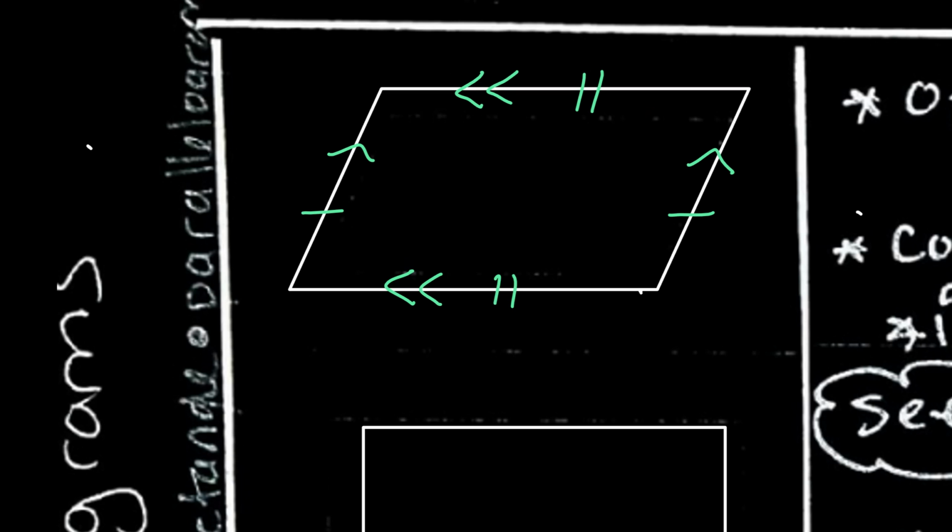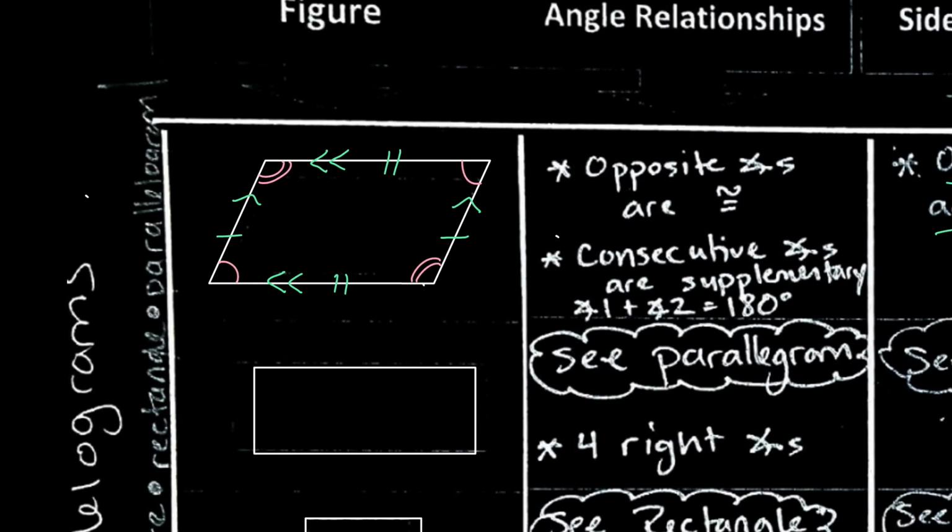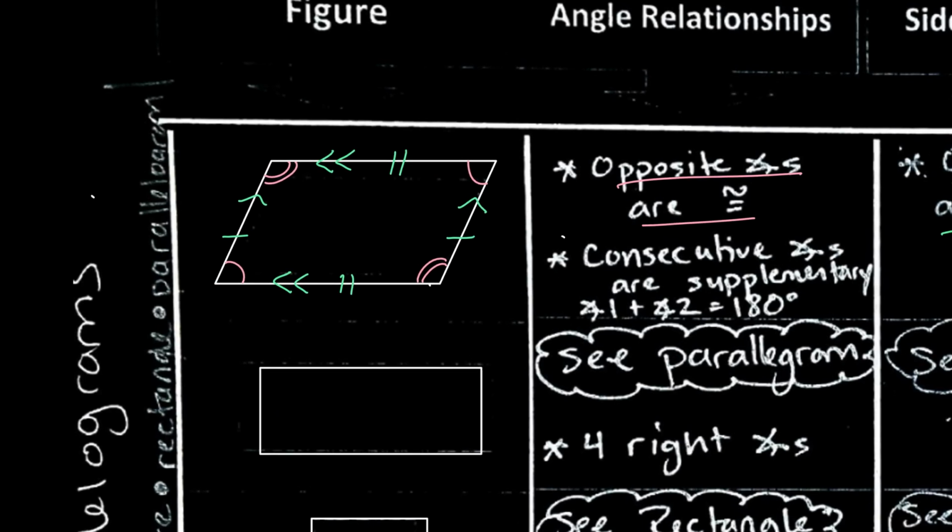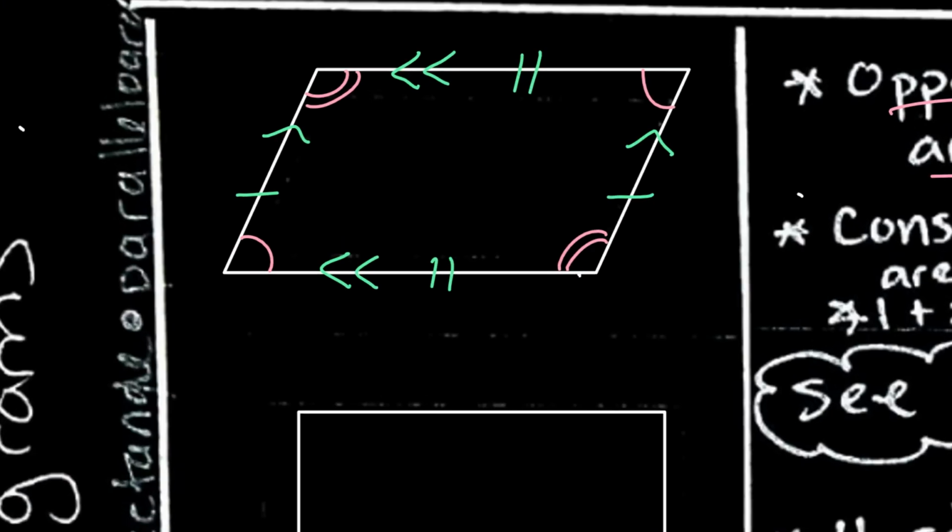Yes, opposite angles are congruent. So here, this angle is congruent to this angle, and this angle is congruent to this angle. Opposite angles are congruent, meaning they're the same. And that's what it says here.